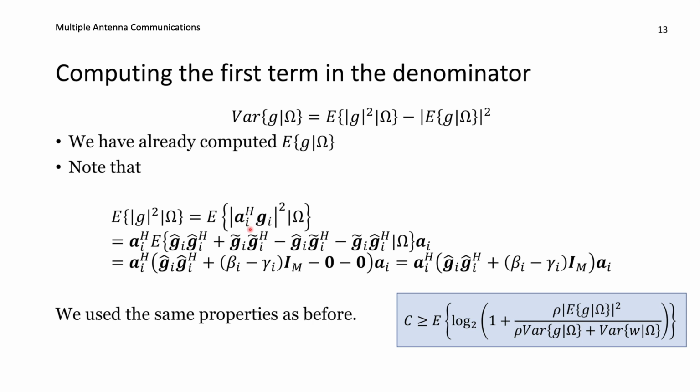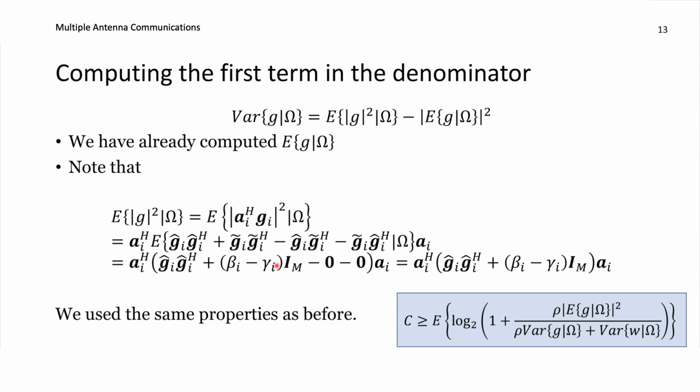If we put that into the expression and expand everything, we get four terms: the outer product of the channel estimates, the outer product of the channel estimation errors, and the cross terms where we have one estimate and one estimation error. Then we have the expected value of all of this given the channel estimates that we know. If we know the channel estimates, the first term is a constant because it only contains the channel estimates. The estimation errors are independent of the channel estimates, so knowing those doesn't provide any additional information. Therefore we just put in its covariance matrix here, which is an identity matrix scaled by beta_i minus gamma_i.